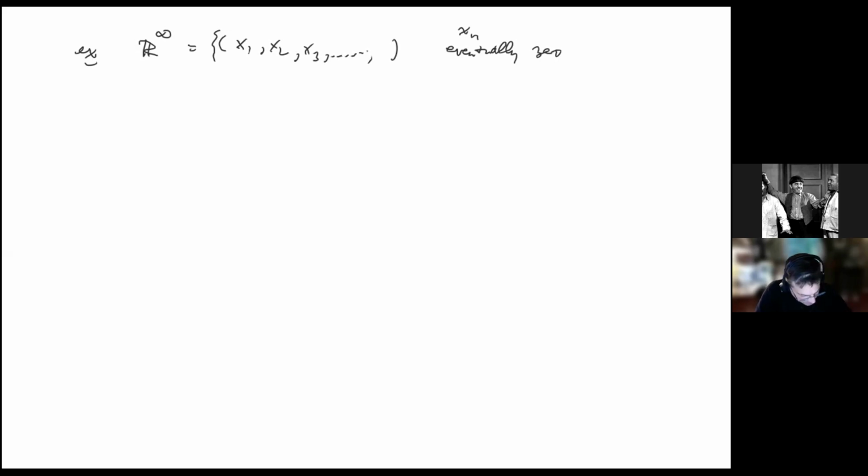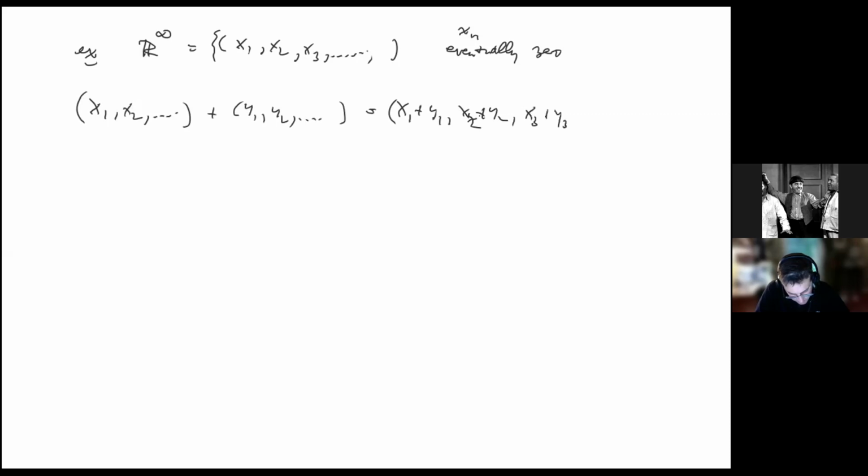Okay. And if you have two such sequences, x1, x2, etc., and then y1, y2, etc., we can add them in the usual way by adding the components, the corresponding entries. So this is vector addition. And clearly it's closed under taking this operation.